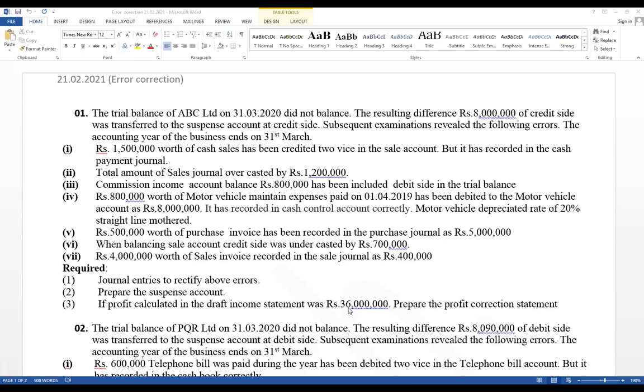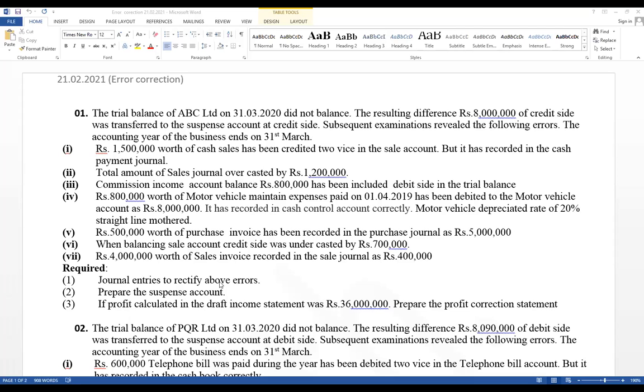Some errors are recognized after calculating the draft income statement. Roughly profit is calculated, and after that errors are recognized. Therefore, the calculated profit also should be corrected. Therefore, there are 3 requirements available. First one, journal entry to correct errors, and we have to prepare suspense accounts as well as a statement of profit correction. Those are the things under the error correction part.